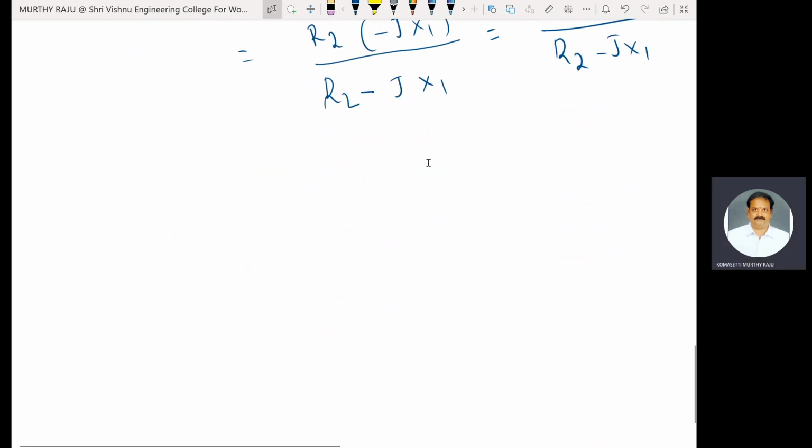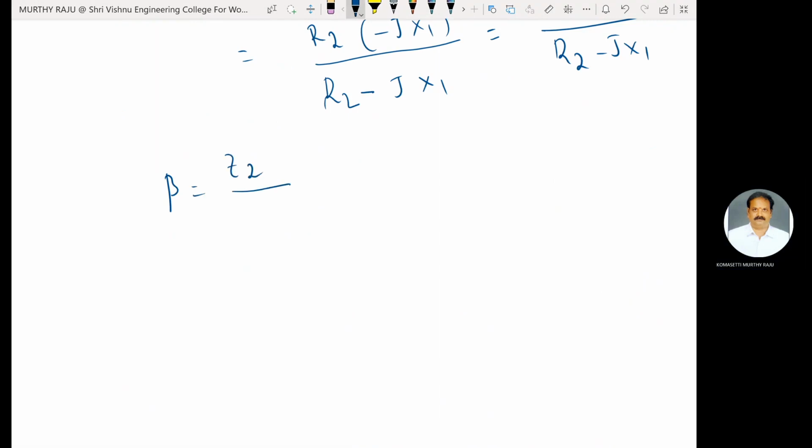By using these two equations, beta is equal to Z2 by Z1 plus Z2.